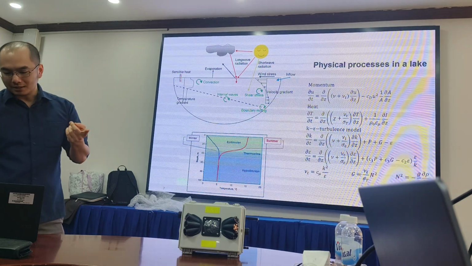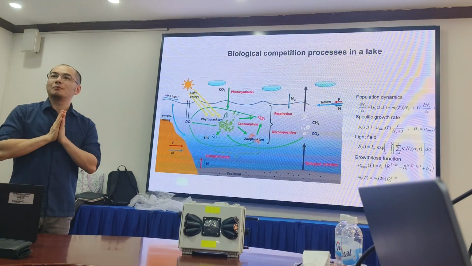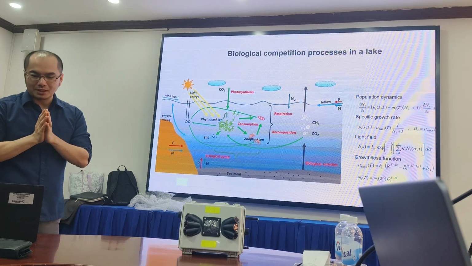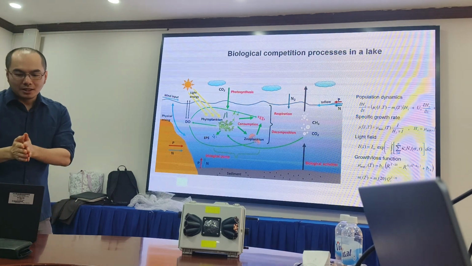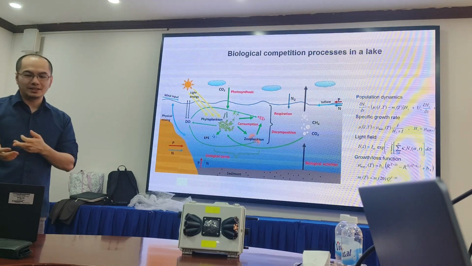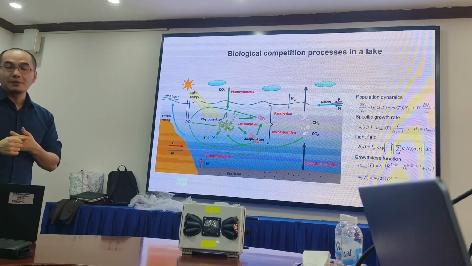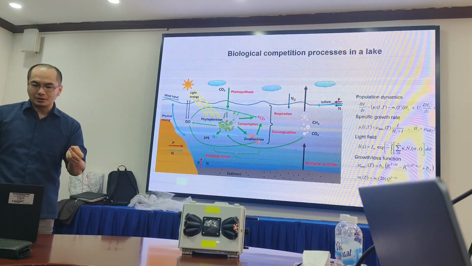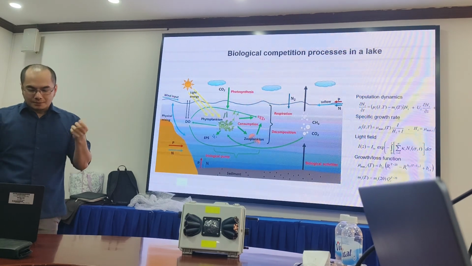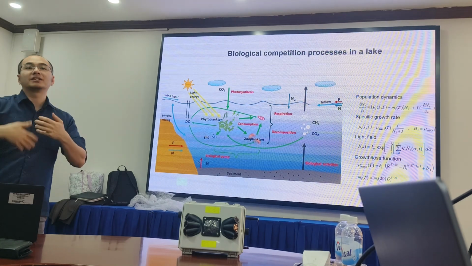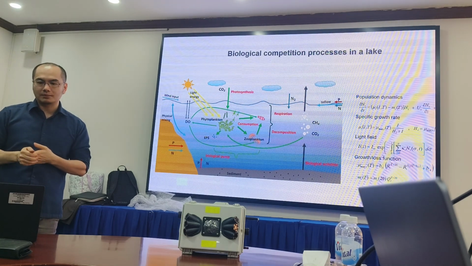That's the physics part. The ecological part is also complicated, where you have the algal phytoplankton. They have competition, fighting each other. It also depends on the nutrition, the phosphorus and nitrate. It also depends on the light and CO2 and the wind speed or the mixing of the water body.